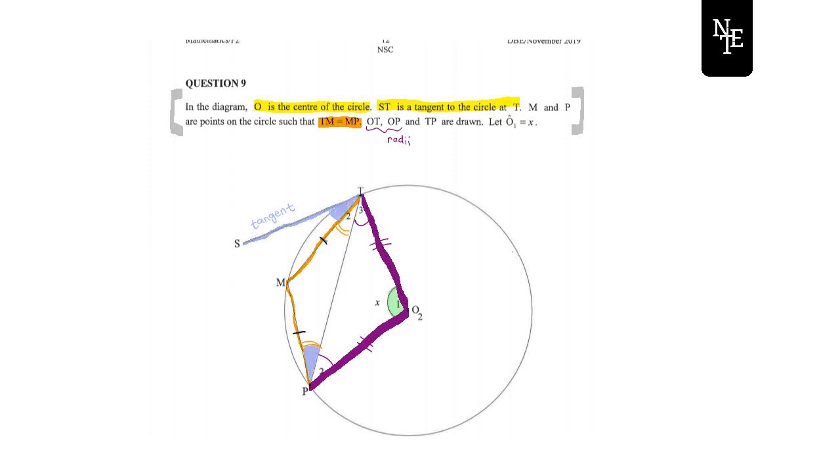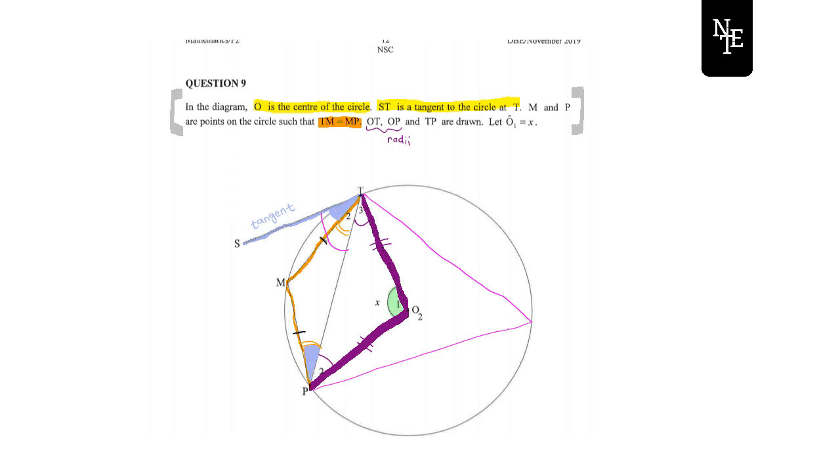It's always good to check which other angle the tangent forms with a chord. We've seen that it forms an angle with the chord MT, but what about the chord PT? Does that chord subtend any angle at the circumference? In this diagram, unfortunately not. We might construct our own chord, and then this angle would have a relationship with angle O1, where O1 will be twice the angle at the circumference.